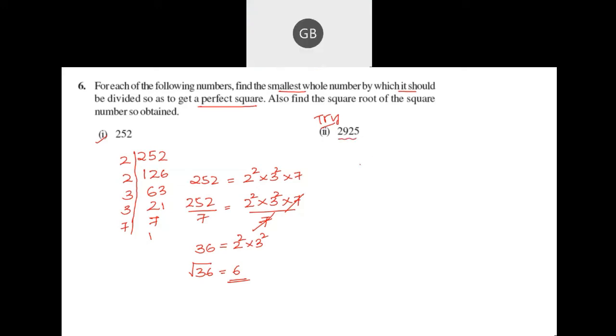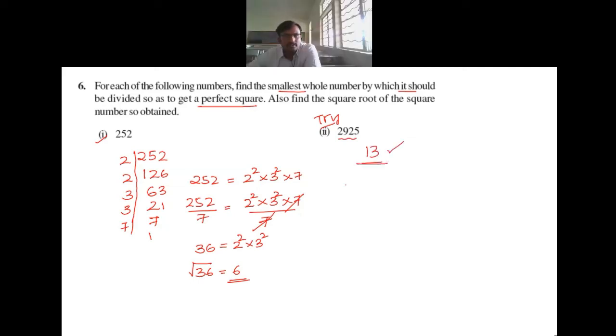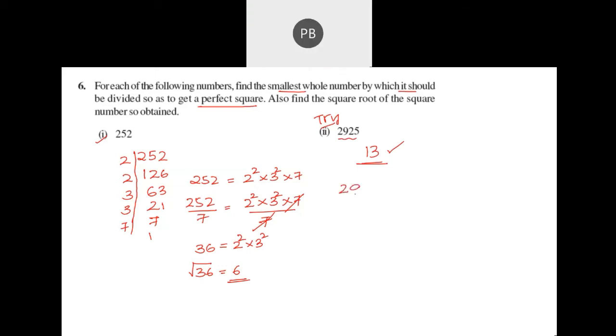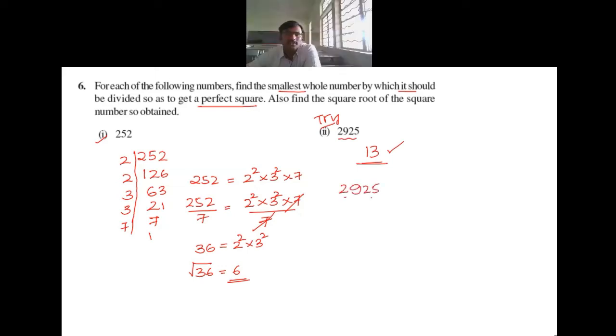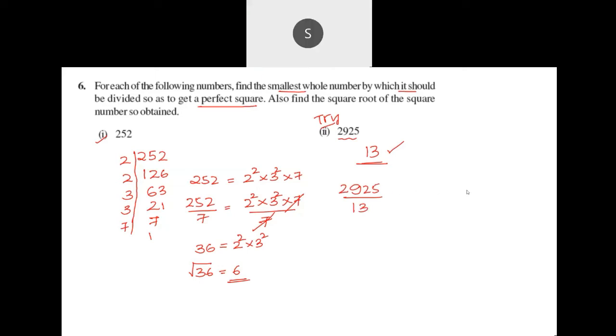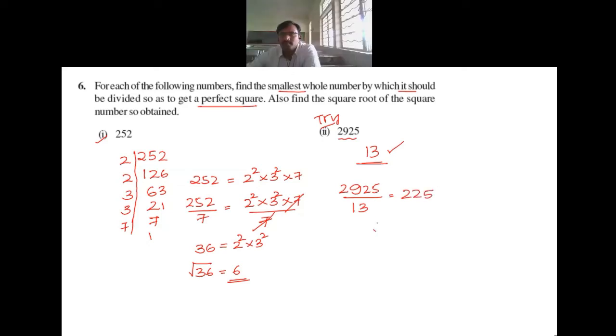So we should divide 2925 by 13. At the end, 2925 has to be divided by 13. The new number obtained is 225, which is 15 square. So the square root of 225 is 15. So it's easy.